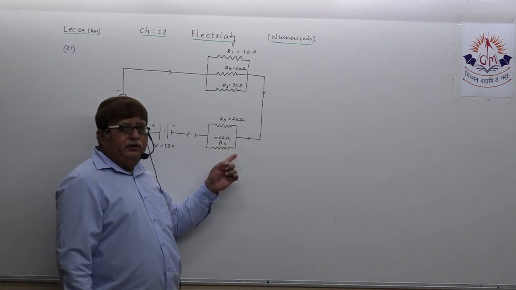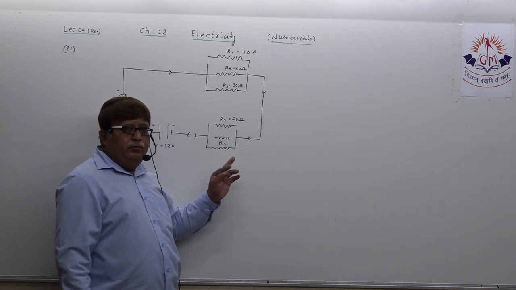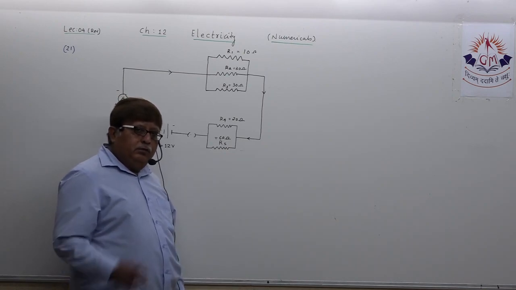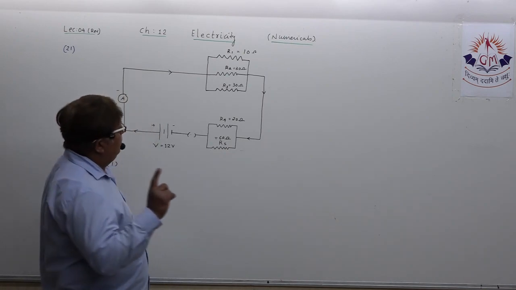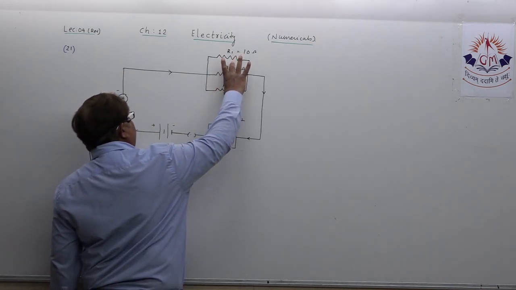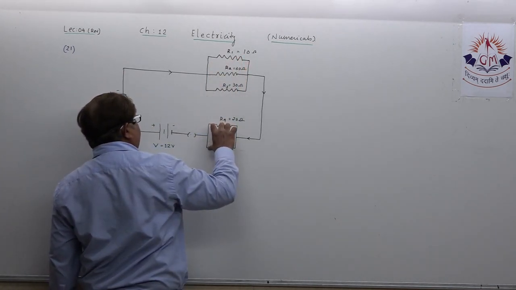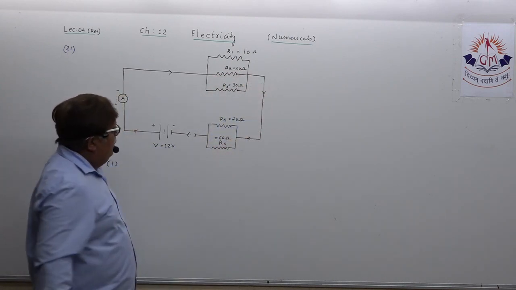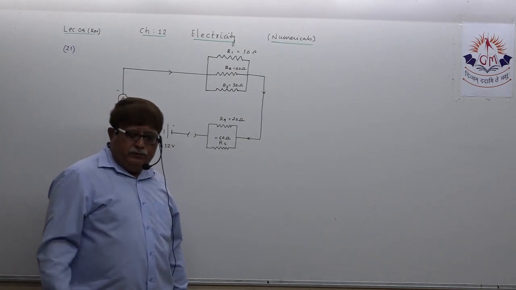You will find their equivalent resistance and call it R7. Once you find the equivalent resistance of this assembly and this assembly, then they both will come in series connection.